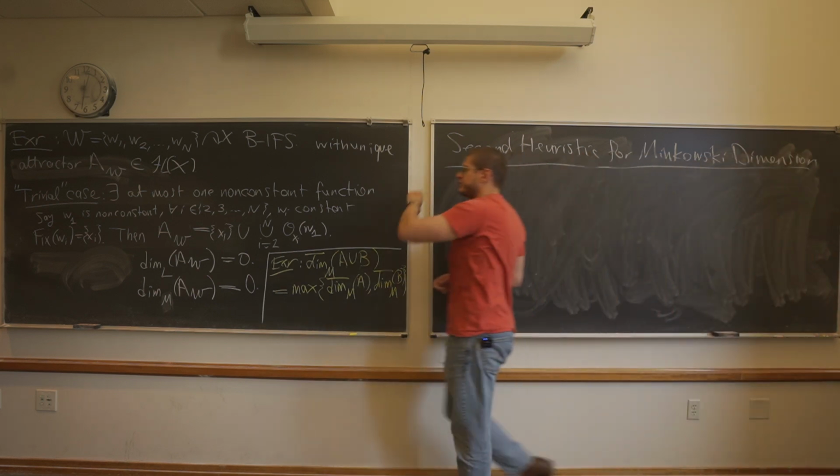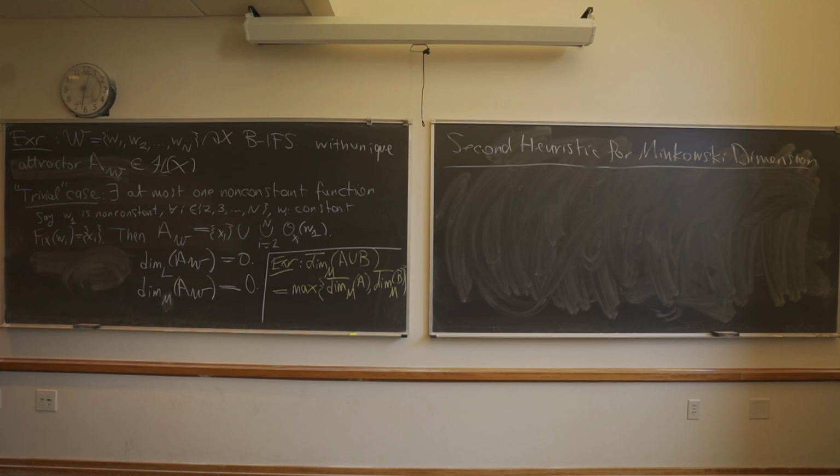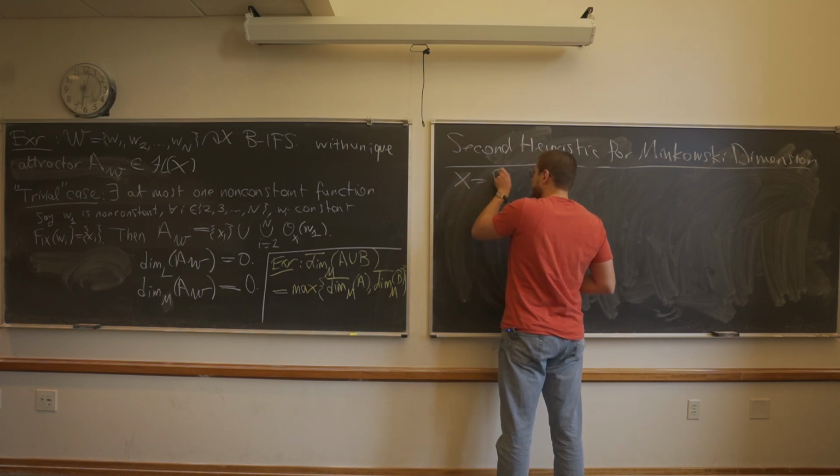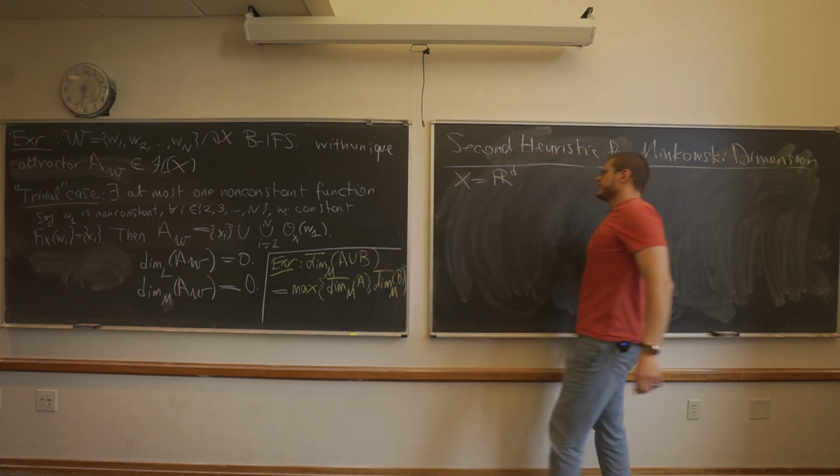And for this, we're going to restrict ourselves to the situation where the metric space is the nice metric space, which is the Euclidean space. Let's call it R^D.